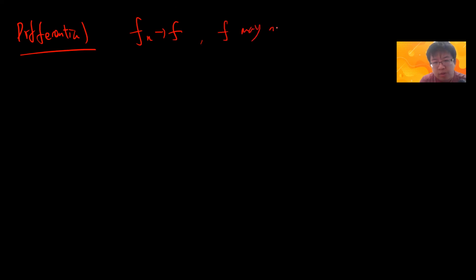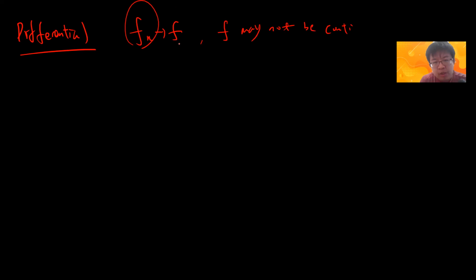Okay, so now let's work on some differentiation. The problem looks like this: we know that if f_n converges to f pointwise, then f may not be continuous. So even if each f_n is differentiable, it does not mean f can be, because f may not be continuous.